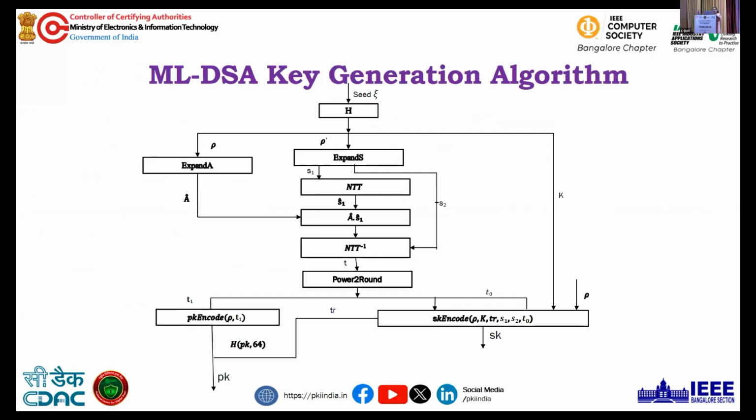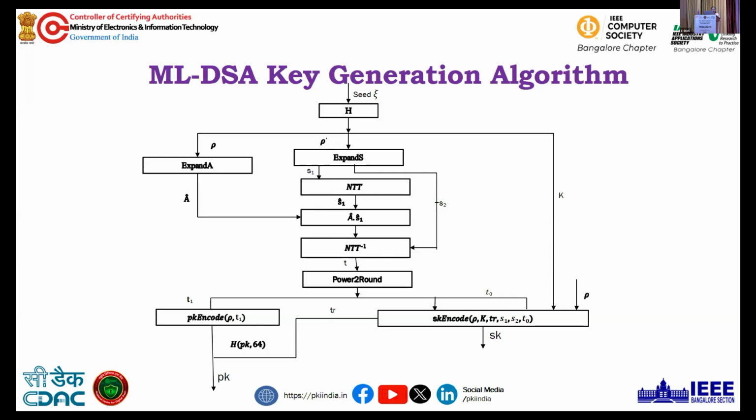This is the flow of the ML-DSA key generation algorithm. Here we take a seed which is hashed to produce the public seed rho, the private seed rho prime, and the signing seed K. This is expanded into the polynomial vector matrix A-hat, and the secret vectors S1 and S2 are generated. Finally T, equal to A times S1 plus S2, is generated, which is split into the lower bits T0 and the higher bits T1.